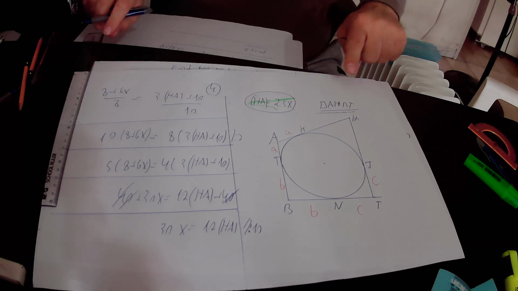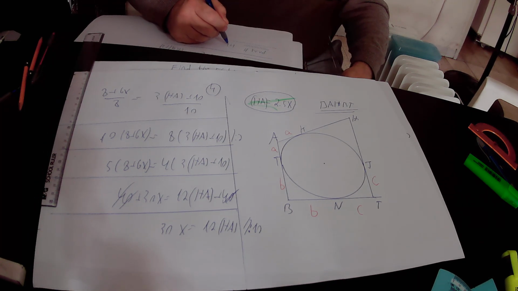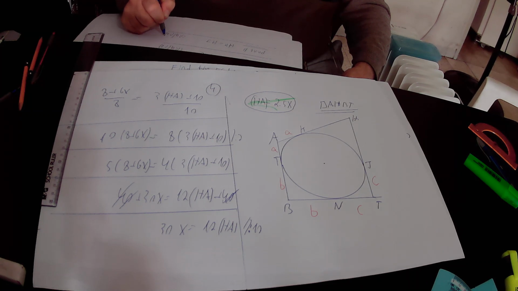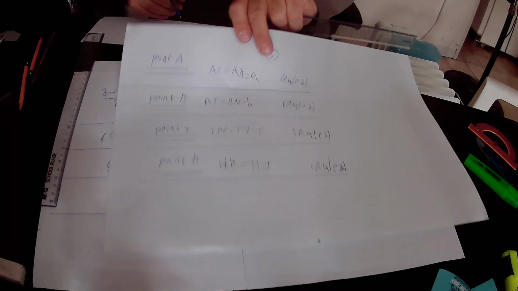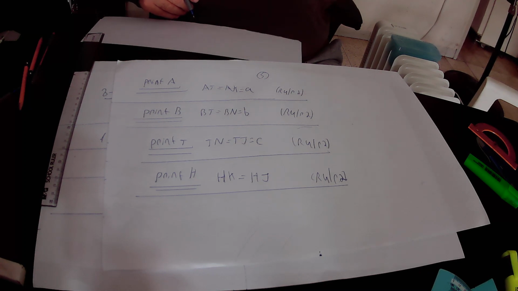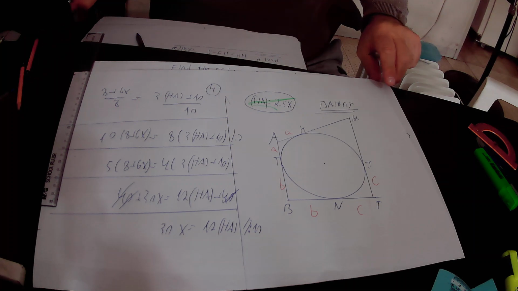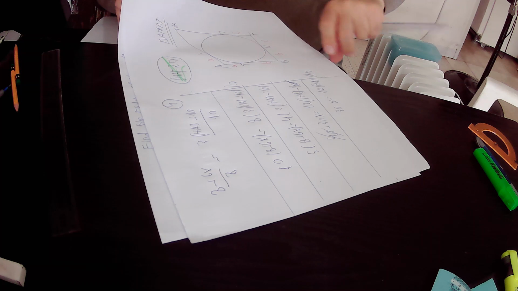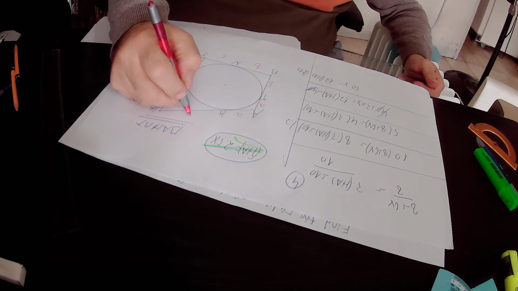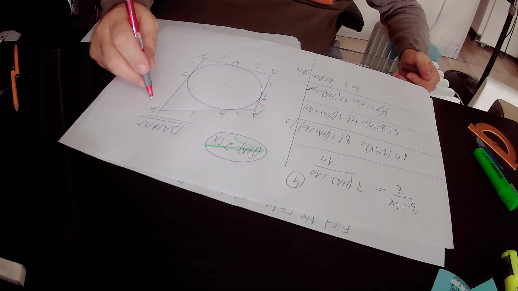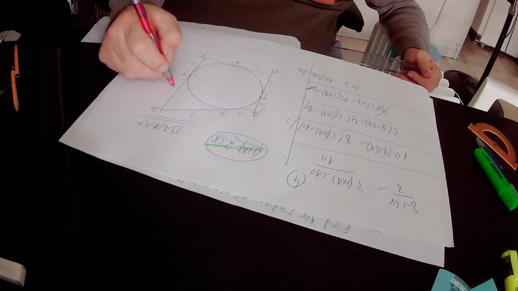That is to say, HK equals HJ. So if we define one of those two tangents as D, then the other tangent must also equal D. So I write it down: if we define the length of tangent HK as D, then the length of tangent HJ must also equal D units in length because they are equal to each other.